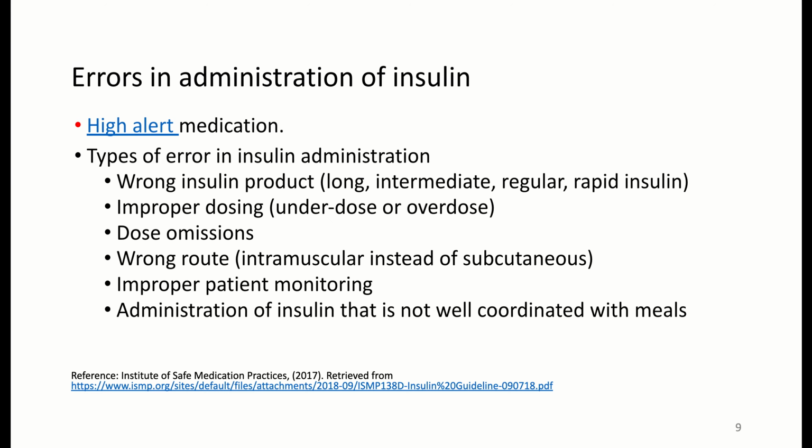These errors result in serious hypoglycemia or hyperglycemia.